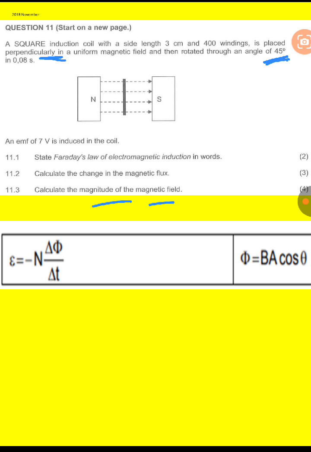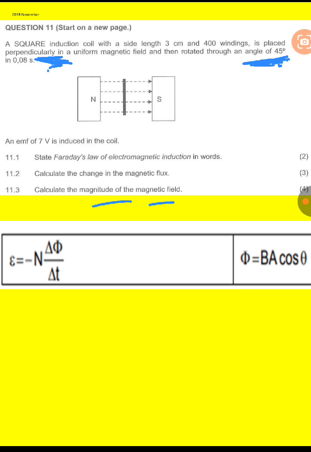It means these are changes in our angles, right? This change in angles will cause the change in magnetic flux. From placing it perpendicularly to now placing it at an angle will cause the change in magnetic flux.